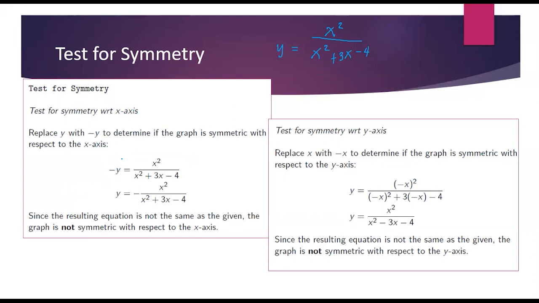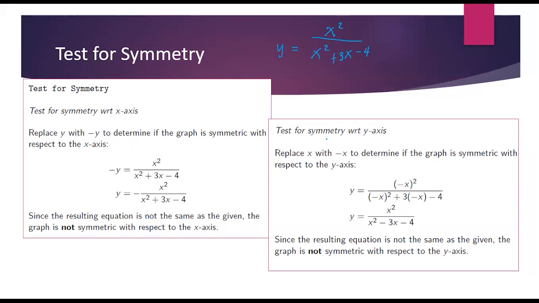Then you write this in such a way that you have positive y, and compare the resulting equation to the original one. As you can see, we have a negative 1 here, which is different from the original. Since these two are not equal, this is not symmetric with respect to the x-axis.